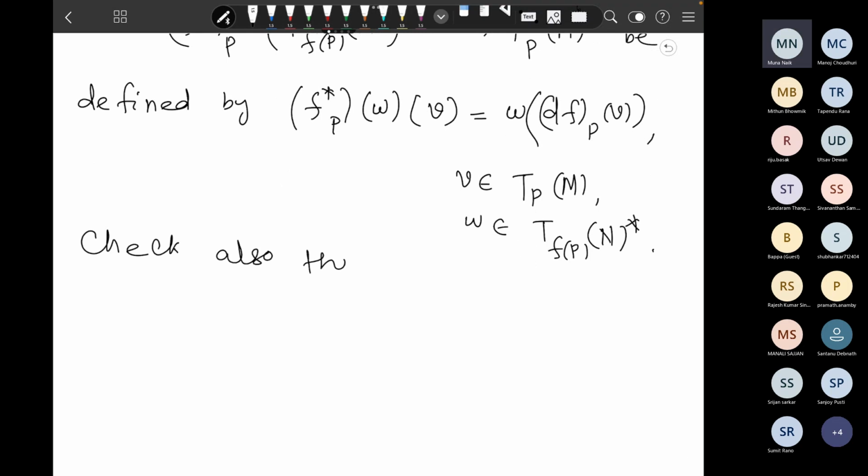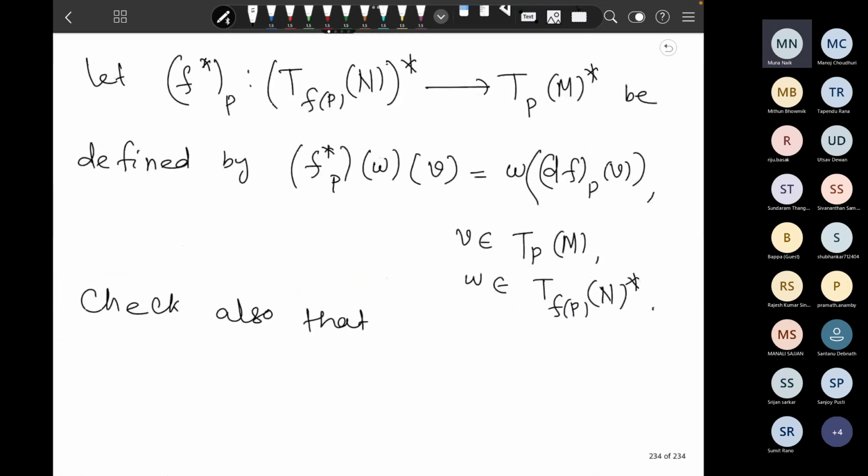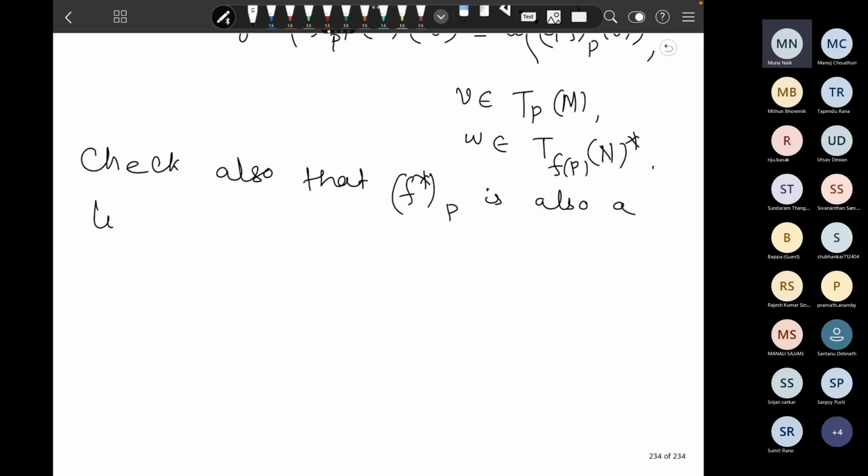Check also that this F star P is a linear map.